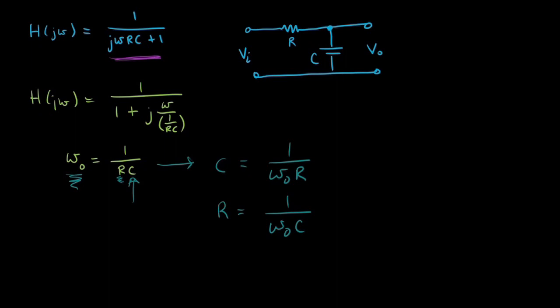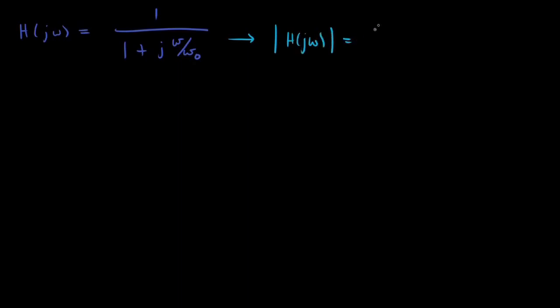What does that cutoff frequency actually mean? If you recall, we have H of j omega equals 1 divided by 1 plus j omega over omega naught. And that led to the gain, the magnitude of H of j omega, equals 1 over the square root of 1 plus the quantity omega over omega naught squared.